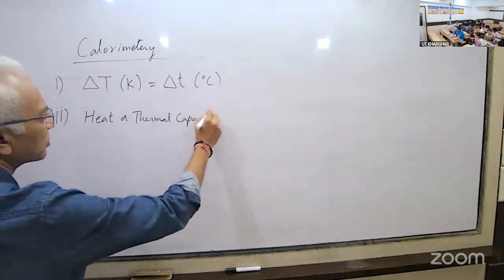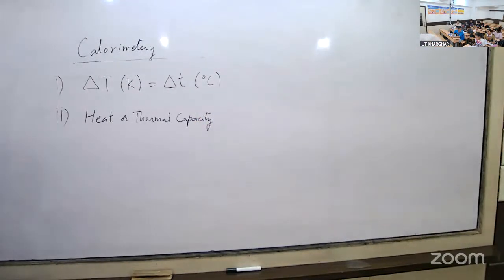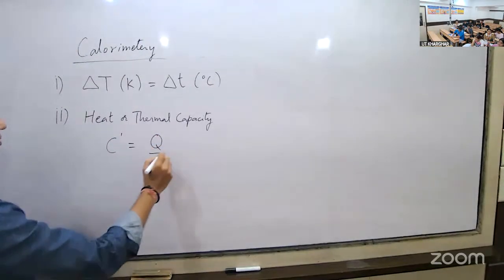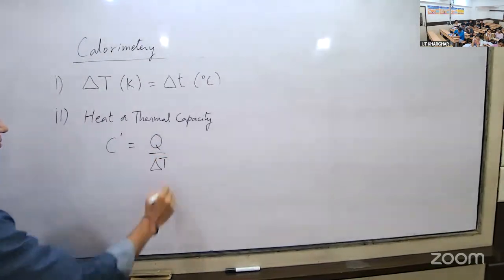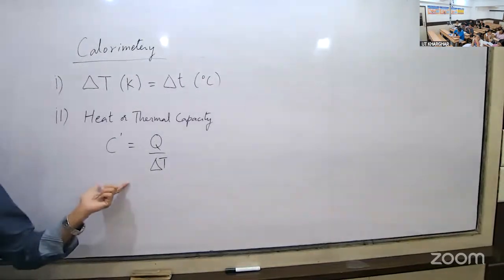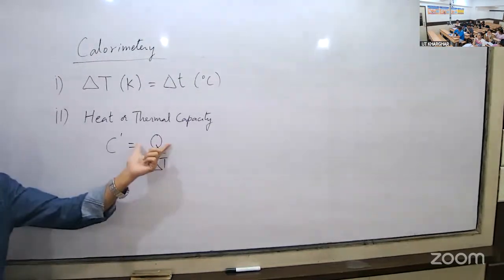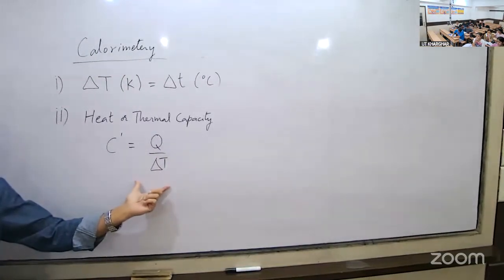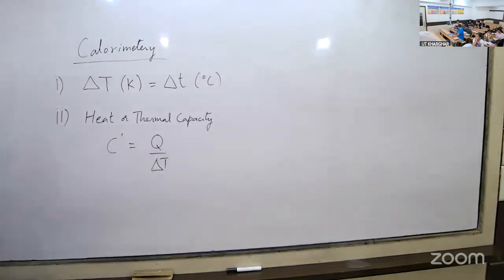How is it given? Thermal capacity is the amount of heat needed to raise the temperature of a body by 1 degree Celsius. That's what thermal capacity is.